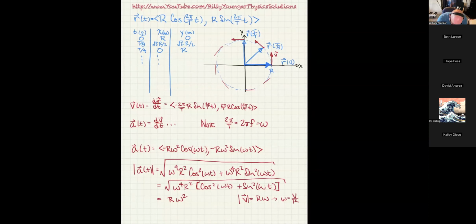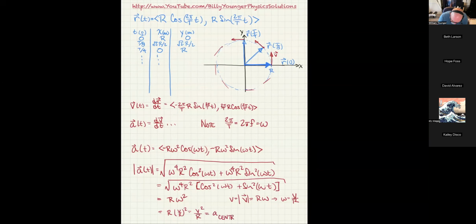Remember, when you write a magnitude, you can just write it without the vector symbol, or you can write it in absolute value bars with the vector symbol. So if I plug this in here, I'm going to get r times v over r squared, which is v squared over r, and that's what we call the centripetal acceleration.